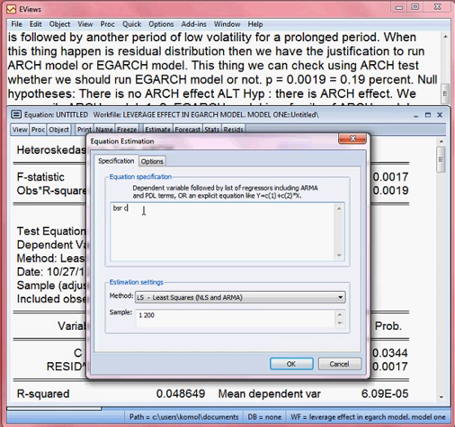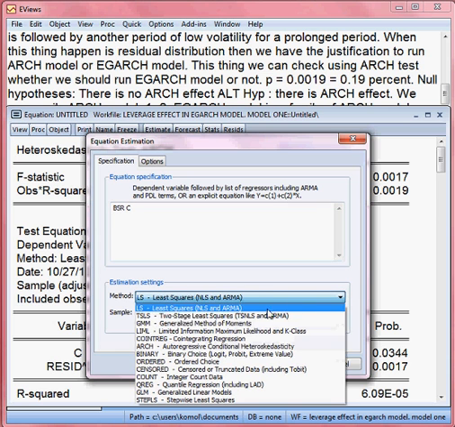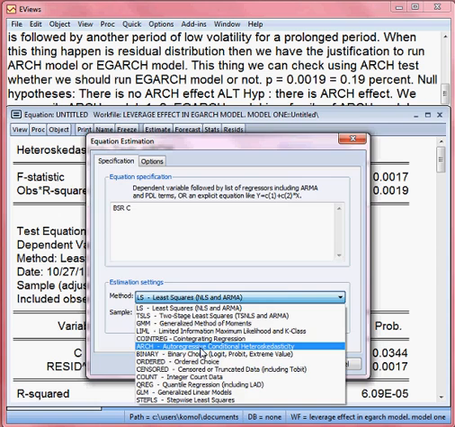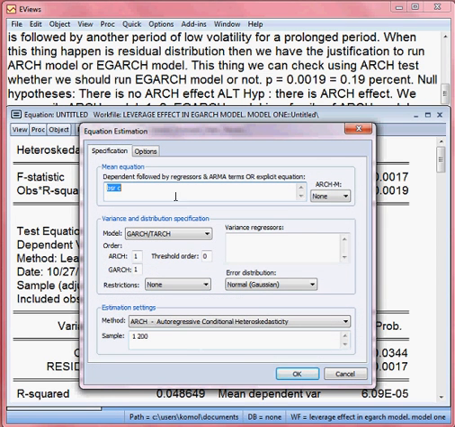Then I can put BSR, our dependent variable, and constant, C. And for the method, I choose ARCH.